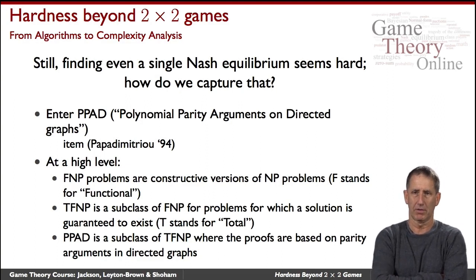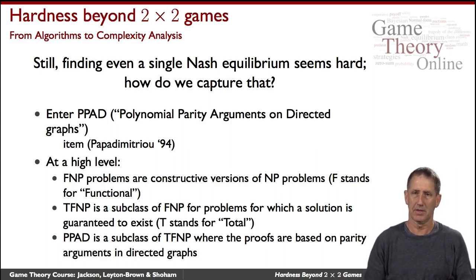People have tried very hard to find algorithms computing a sample Nash equilibrium. And it does seem hard. The question is, can we somehow capture that formally within the complexity hierarchy? And for that, we need to introduce some new concepts.